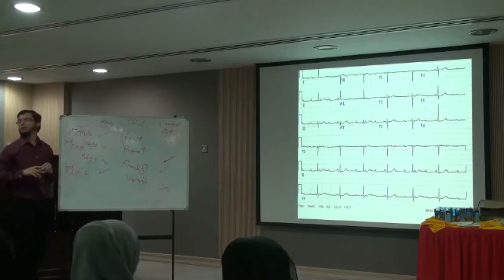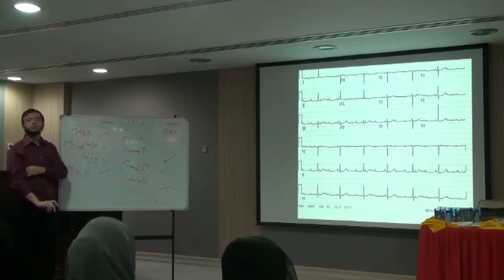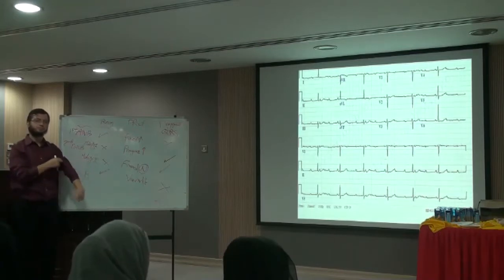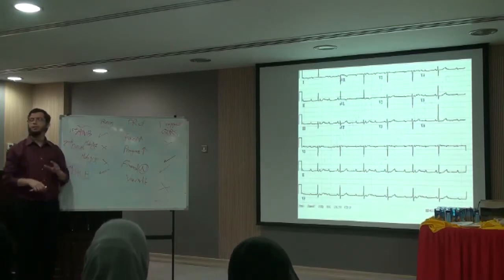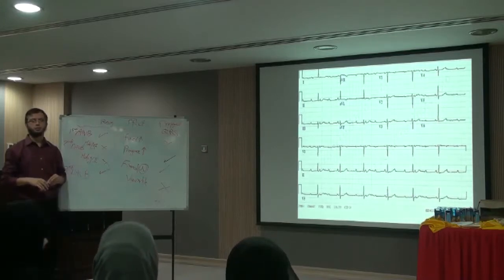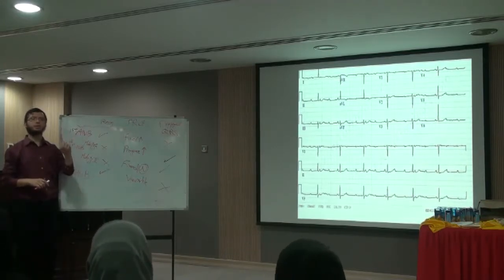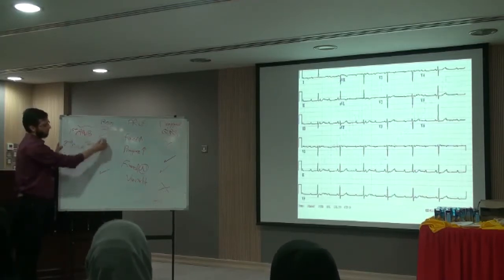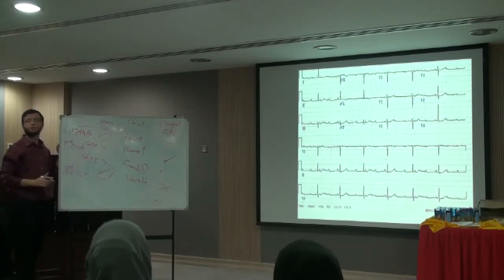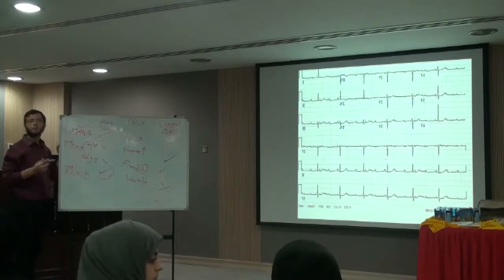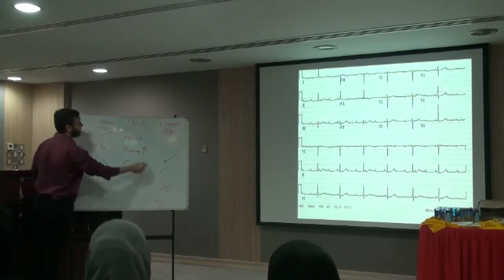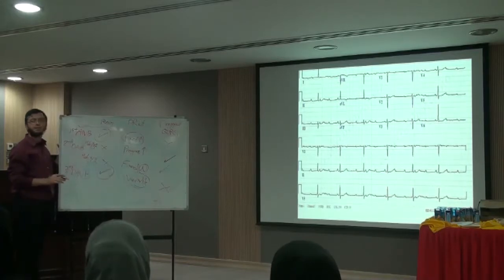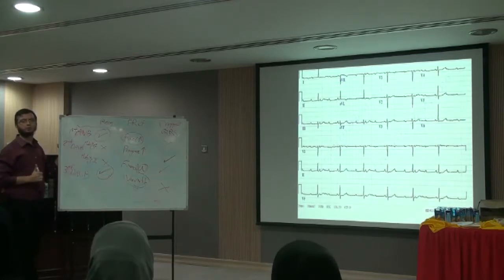So if the patient has bradyarrhythmia and you think this is AV block, the first thing you need to check is, is the rhythm regular or irregular? If it is regular, it is either first degree or third degree AV block. How to differentiate? Check the PR interval. Is the PR interval the same or variable? If it is the same, this is first degree AV block. If it is variable, third degree AV block.